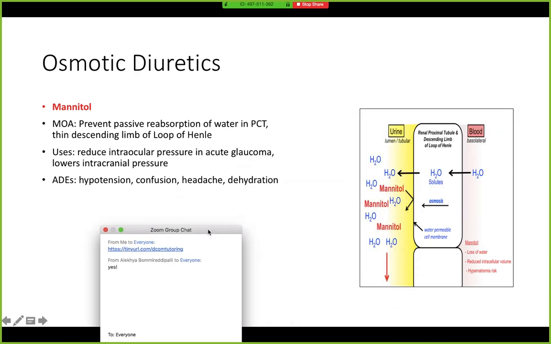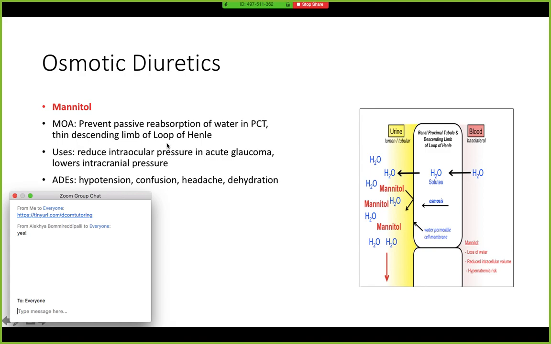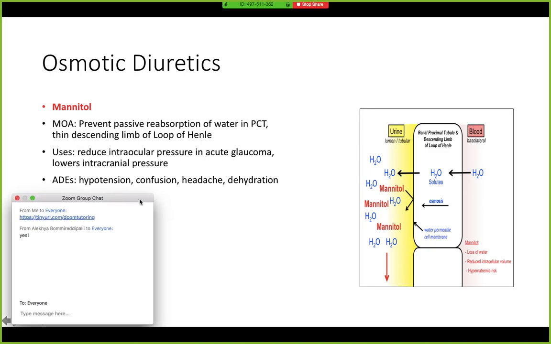So mannitol is an osmotic diuretic, and the way it works is you give mannitol and it's hanging out here in the tubular lumen. Mannitol increases the osmolarity.